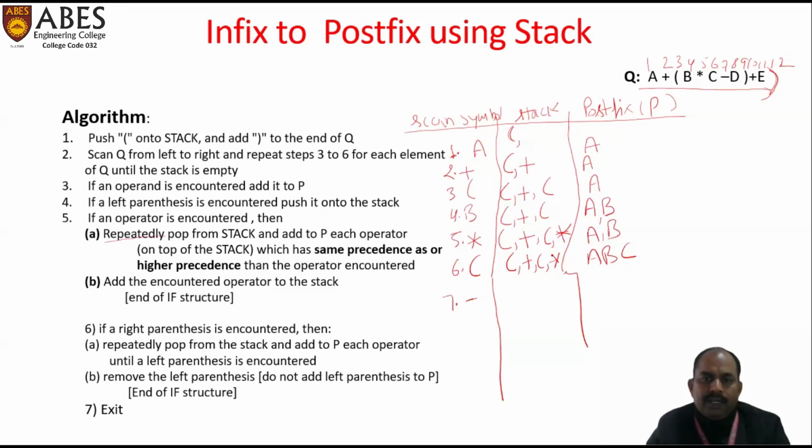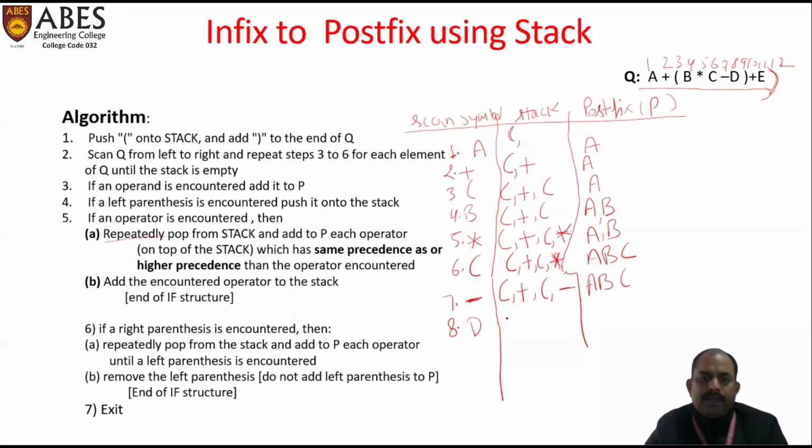If there is already a symbol of higher precedence and we are scanning an operator of lower precedence, then we repeatedly pop that symbol and add it to the expression P. So here we just add star to the expression, and the scanned symbol we push onto the stack using step number 5A.